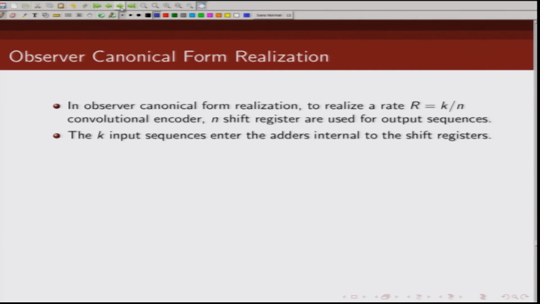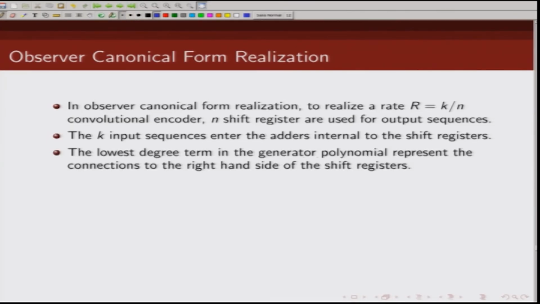We will give an example to illustrate what we mean. The lowest degree term in the generator matrix represents the connection to the right hand side of the shift register. In case of controller canonical form realization, the lowest degree term was on the left hand side. Here the lowest degree term will be on the right hand side.